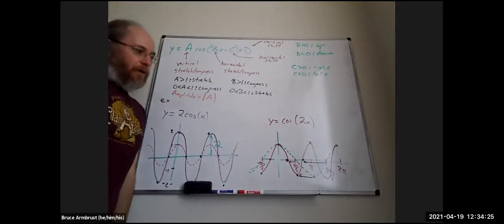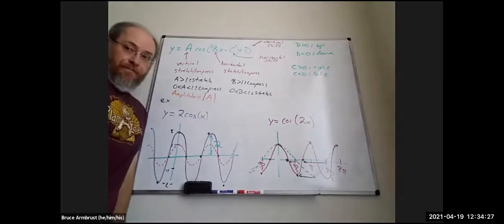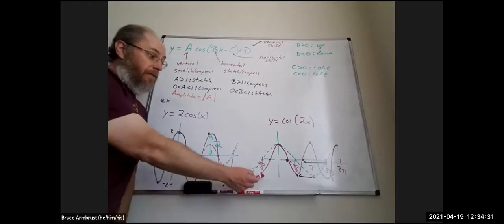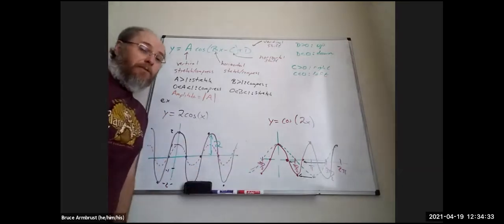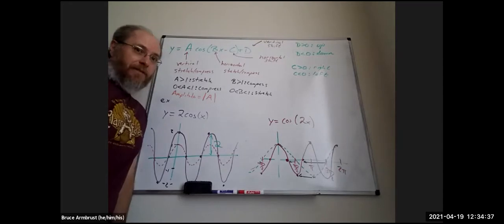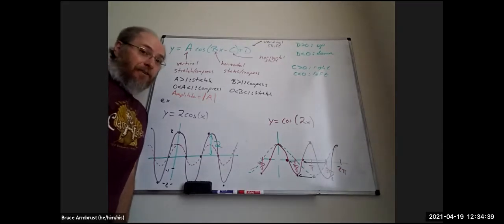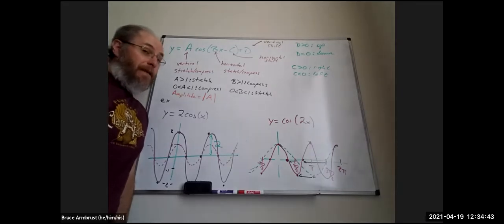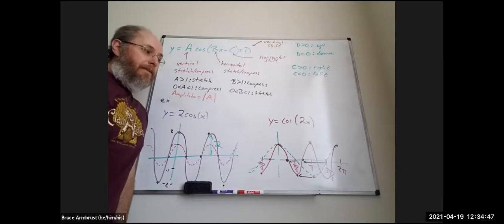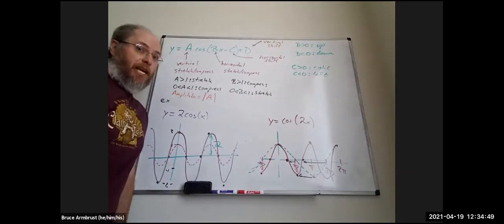So let's think about what properties have changed now. The amplitude is still the same. It's still going from -1 to +1, so the amplitude is 1. The y-intercept's the same, but the x-intercepts are definitely different. The location of the maxes and mins are definitely different. And in fact, the period has changed.